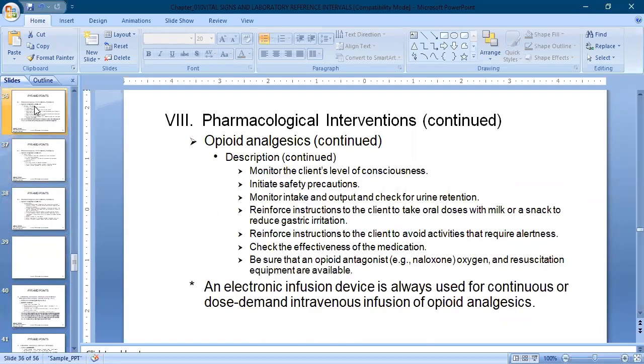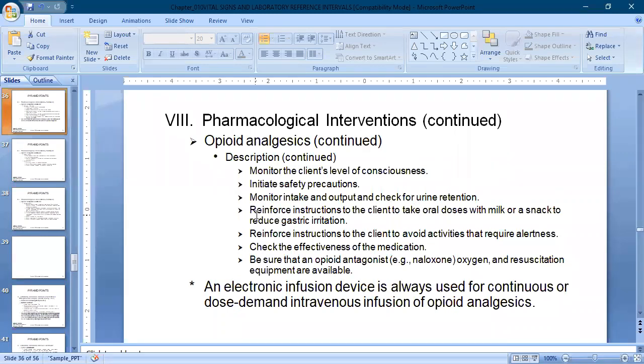With opioid analgesics, monitor the client's level of consciousness, right? Because opioids can cause sedation, their level of consciousness will be altered. Initiate safety precautions, monitor intake and output, and check for urine retention.